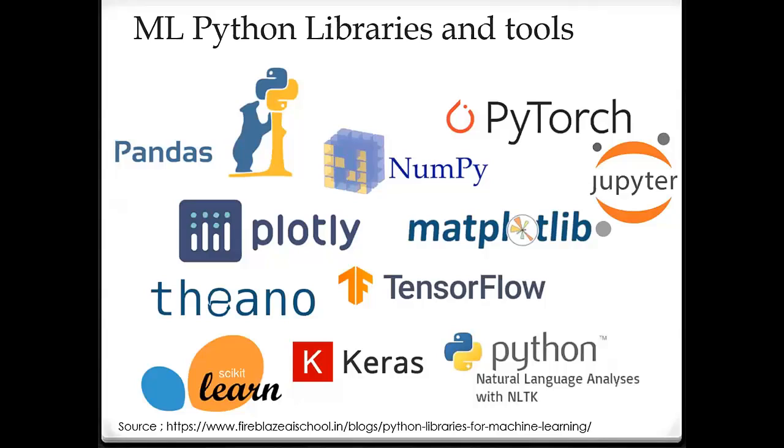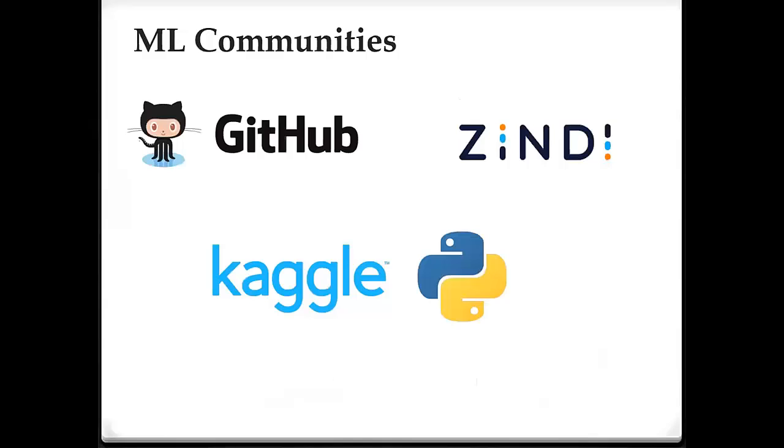And if you want to display results, you have matplotlib. And you can start with using Jupyter notebooks a lot. It's very interactive. So these are some of the libraries. They are not all the libraries, but these are some of the libraries that you are likely to use at one point in time as you do machine learning problems.